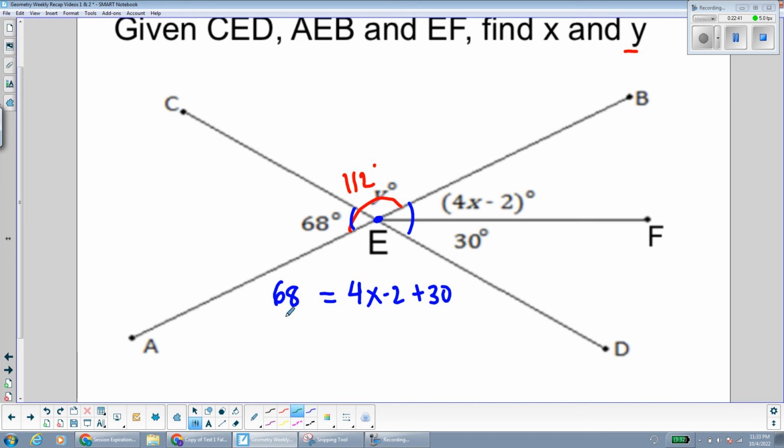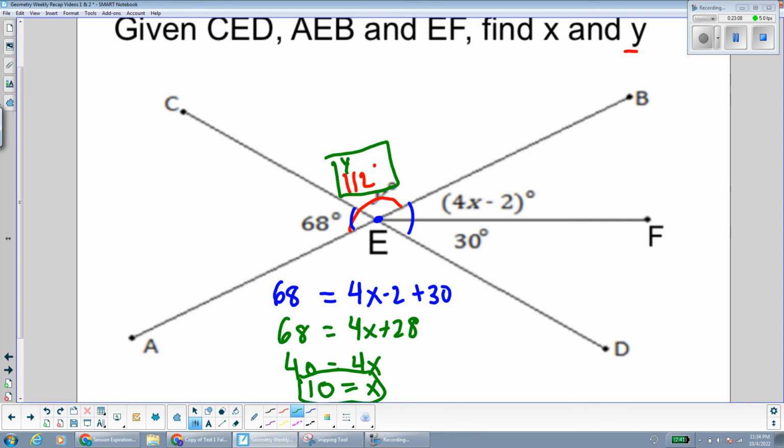Now that I have my equation, let me combine my like terms and solve. 30 and minus 2 is 28. Subtracting 28 from both sides, and then dividing both sides by 4. We have our x value is 10. So now we have found our x value and we have found our y value using our new angle relationships.